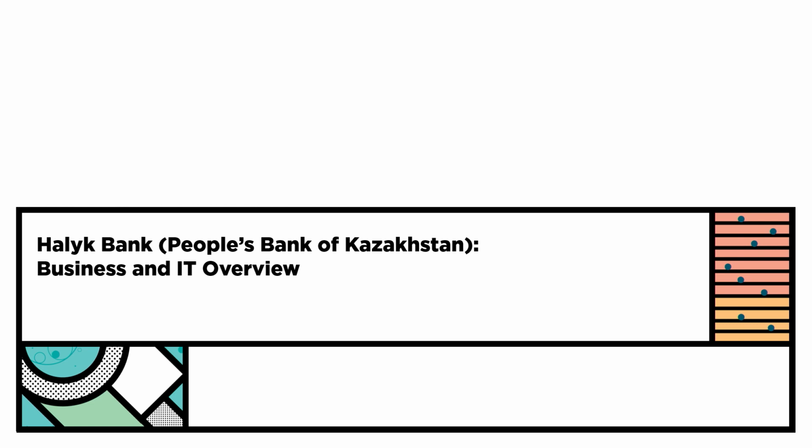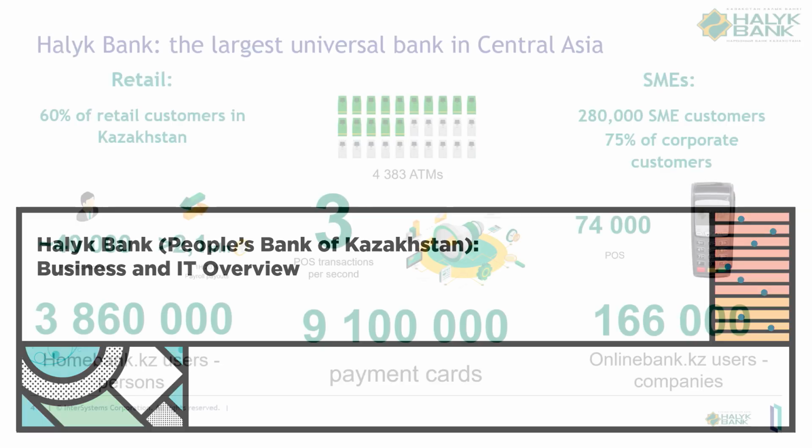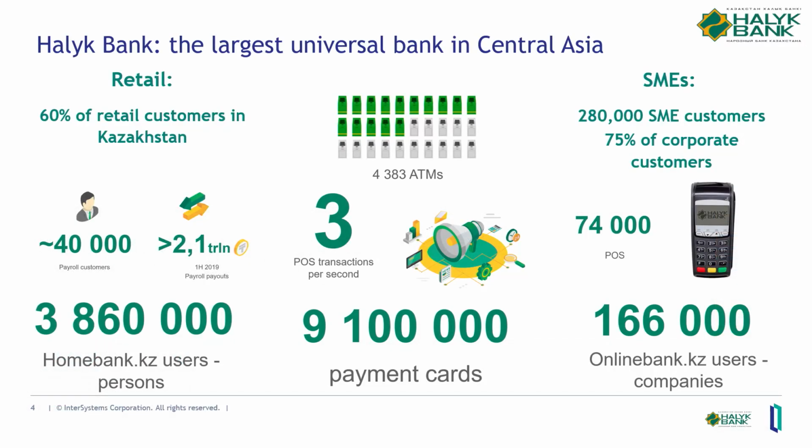Hi everyone. Firstly, thank you for coming to our session. My name is Sadyrova Gulzahida. I'm head of big data in Halyk Bank. I would like to say a few words about Halyk. Halyk means, in Kazakh language, people. And we are part of a big group called Halyk Group.